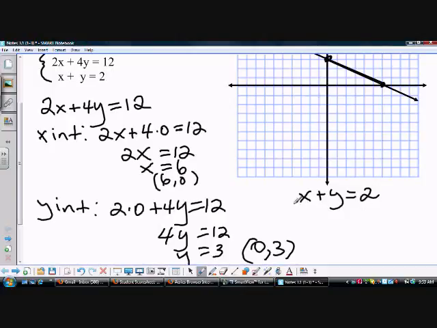All right, I'm going to turn this one into slope-intercept form by subtracting x from both sides, and I get y equals negative x plus 2, which means my slope is negative 1, and my y-intercept is 2. So let me graph that one.